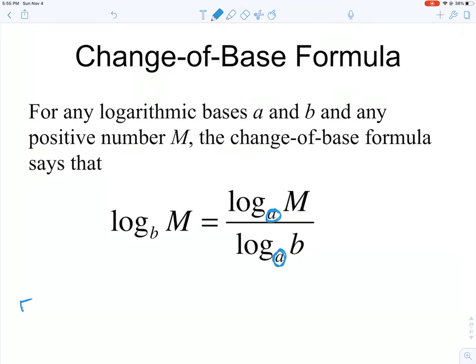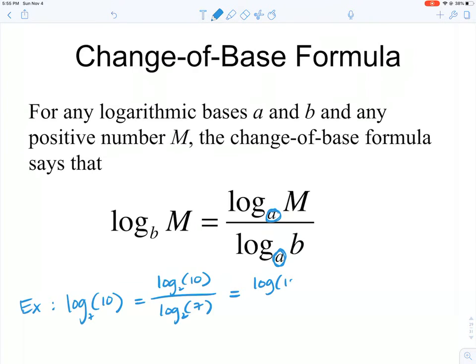So for example, if you wanted to evaluate the log base 7 of 10, okay, that's equal to, let's say, the log base 2 of 10 over the log base 2 of 7, which is also equal to, and this makes it easier for typing into your calculator, you don't have to go to the math menu and then scroll up.